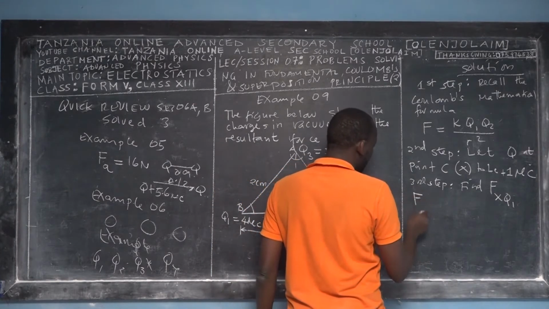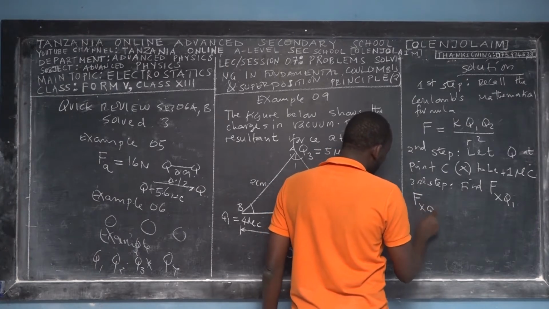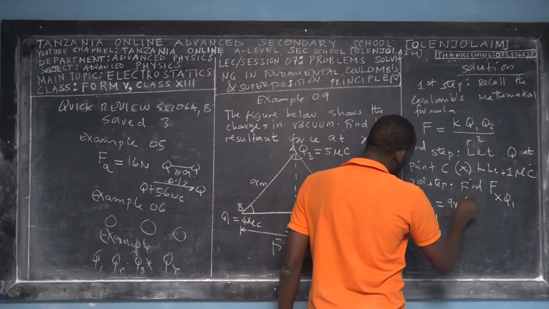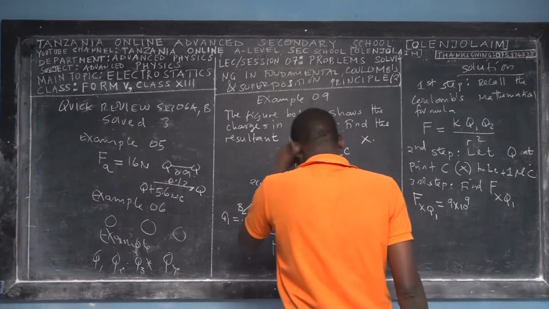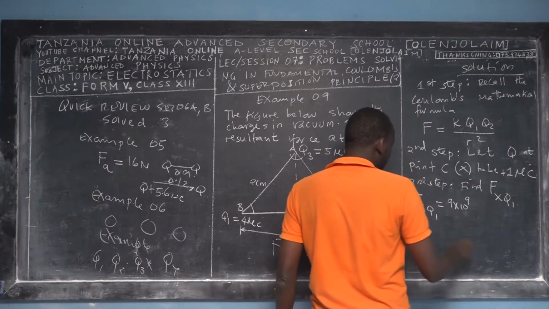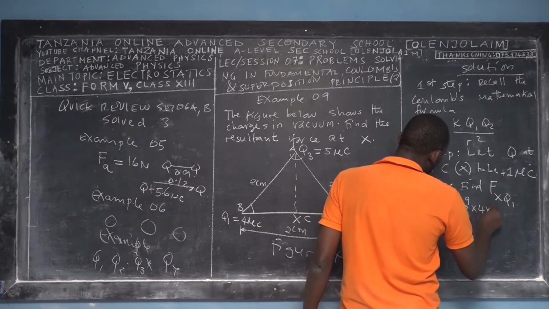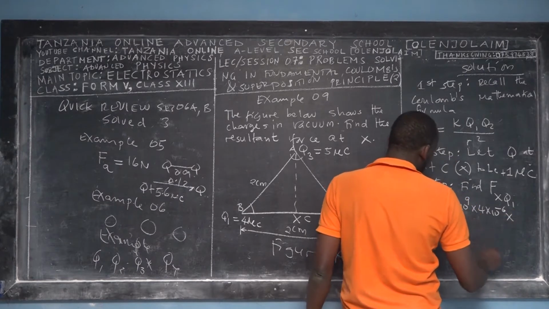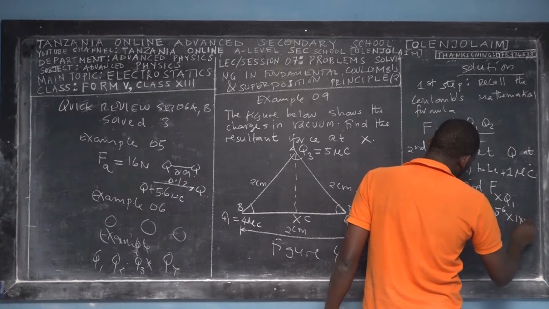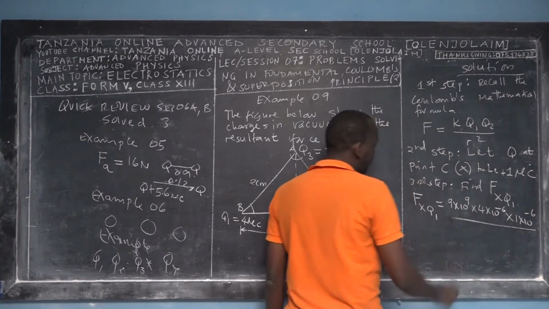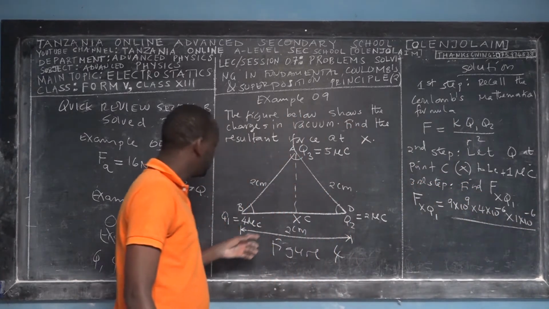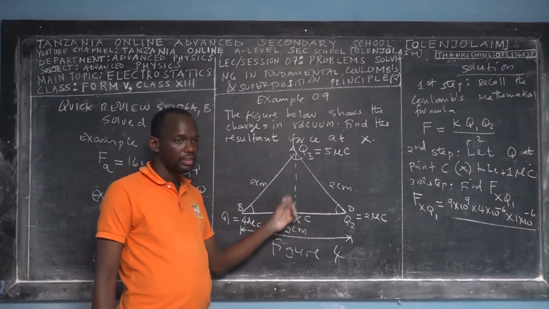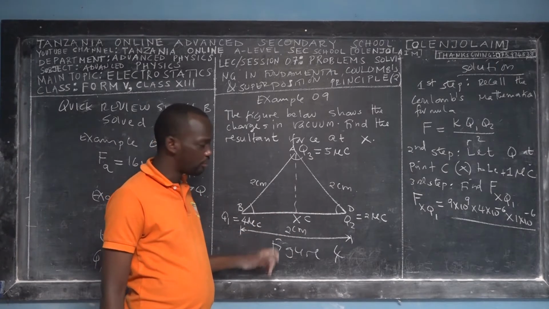To find it, F1 is equal to 9 times 10 to the power 9, times Q1, which is 4 microcoulomb, that is 4 times 10 to the power -6, times Q at X, 1 times 10 to the power -6, divided by the distance between Q at X and Q1, which is 1 centimeter because it is bisected into equal parts.